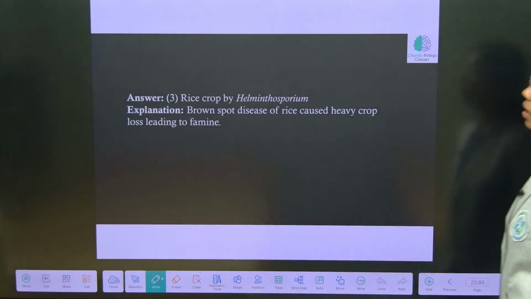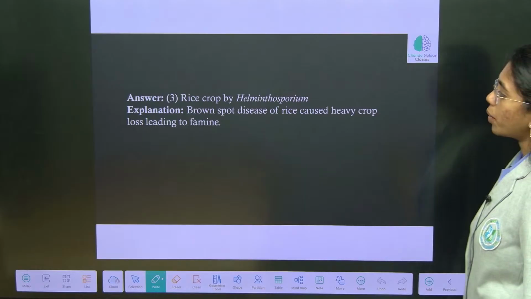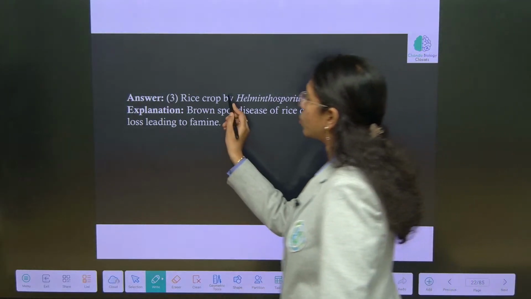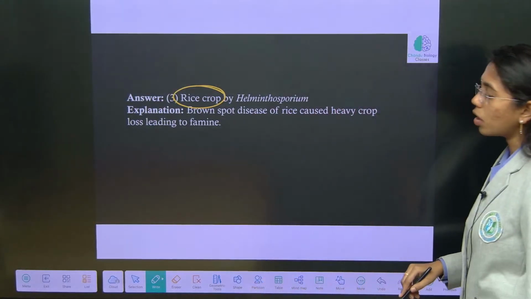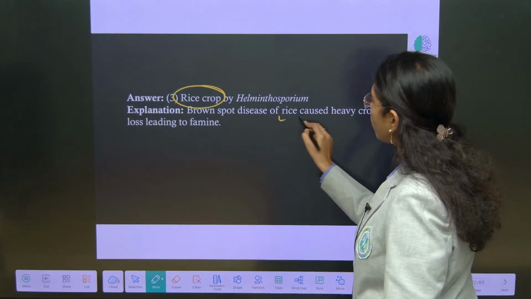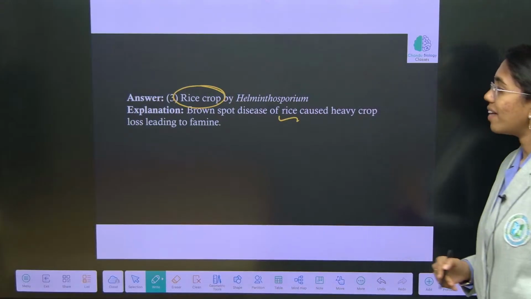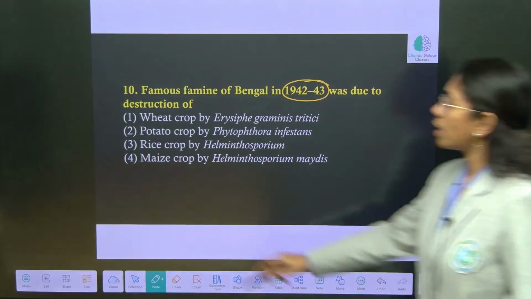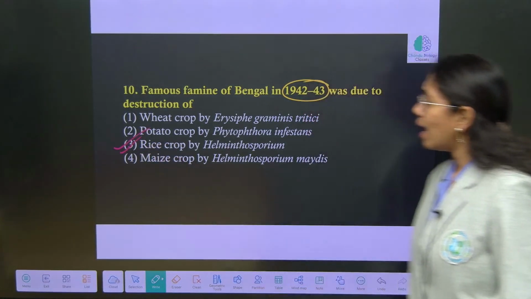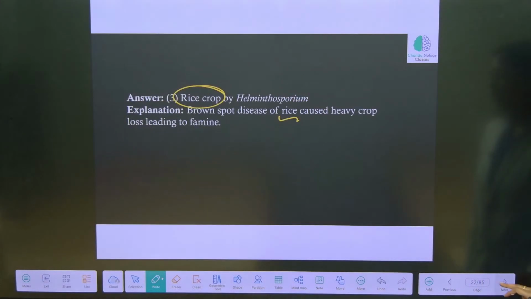It is rice crop, which is destroyed by Helminthosporium. Commonly called brown spot disease of rice, it caused heavy crop loss leading to famine. Clear? Rice crop is damaged by Helminthosporium. Next question.